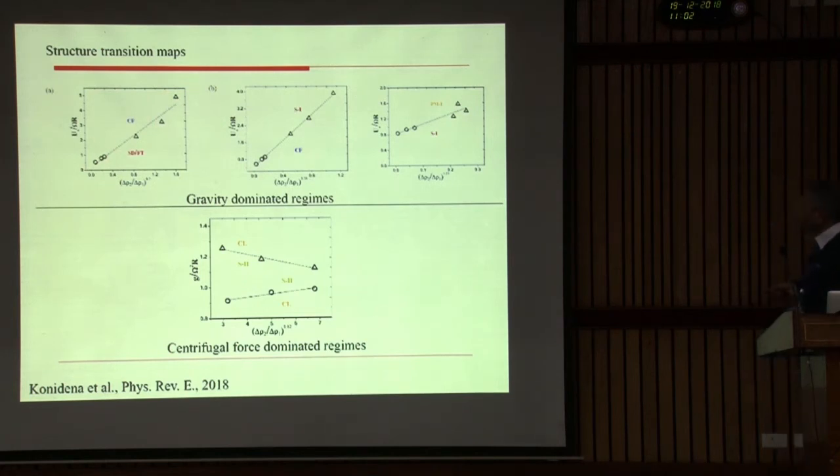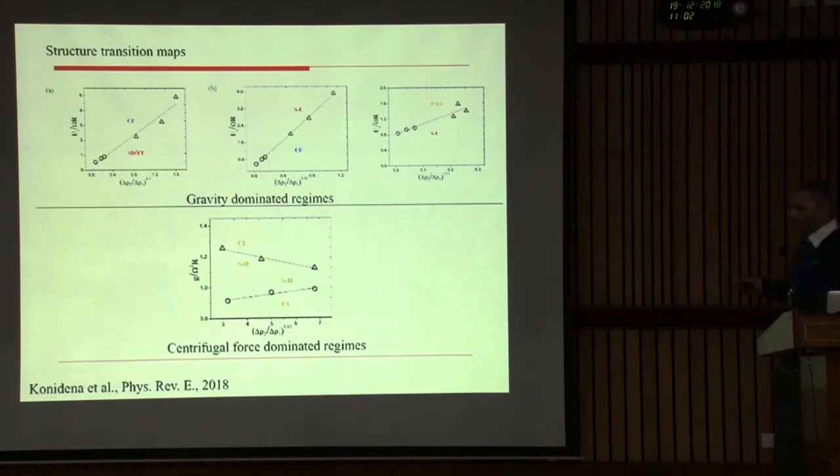We have the triangle symbol for the sedimenting particle system and the circle symbol for the buoyant system. We have used a power law fit to see the scaling with the ratio of the density of the heavier particle to that of the lighter particle. You can see that for the gravity dominated regime, since the phases were observed at different rotation rates for centrifugal sedimenting and floating particles, nonetheless they all fall on the linear fit.